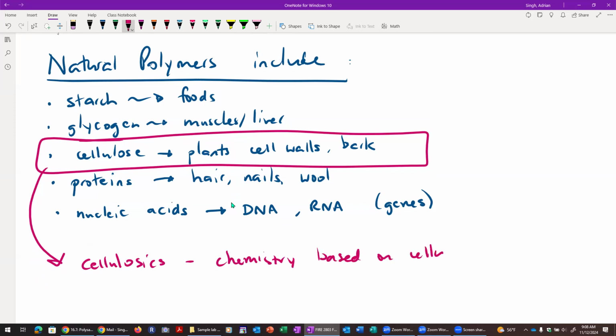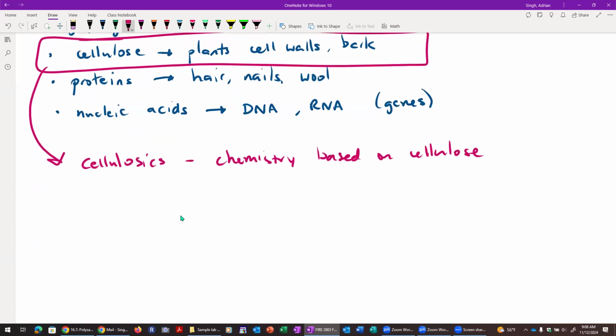So what is cellulose in the first place? Well, cellulose is a polymer, as we mentioned. So it's a big molecule.